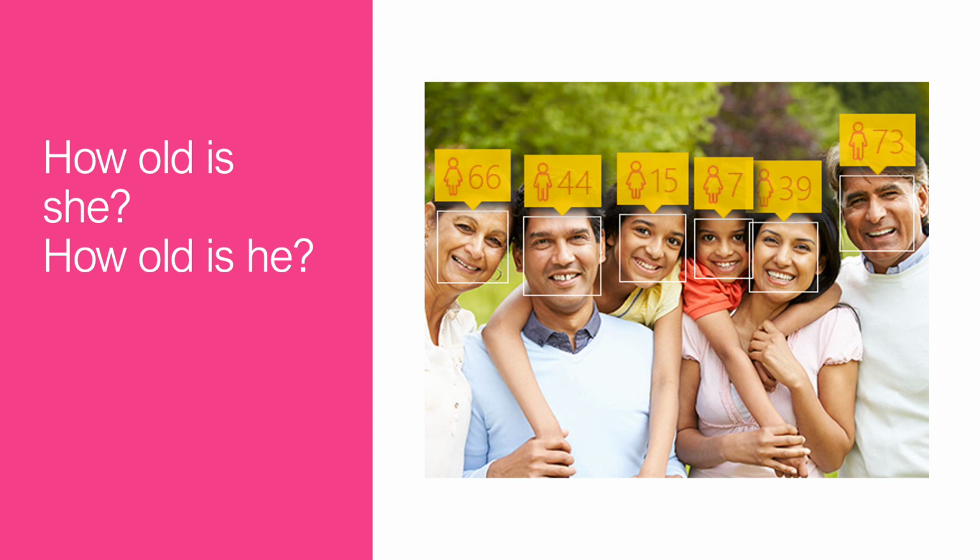The fourth one, she is 7. Next, how old is she? She is 39. And the last one, on your right, you are going to ask, how old is he? The answer to that question will be, he is 73. Okay?